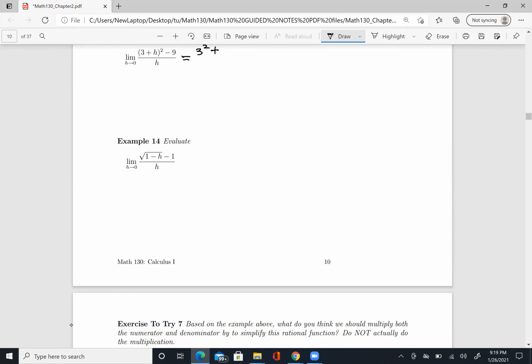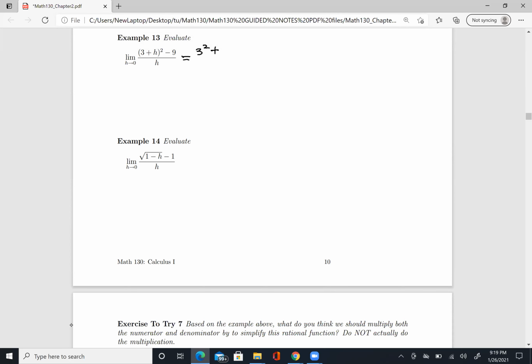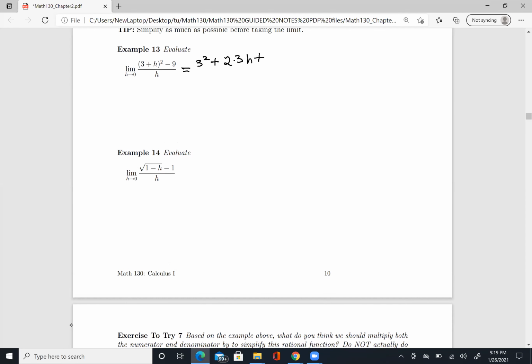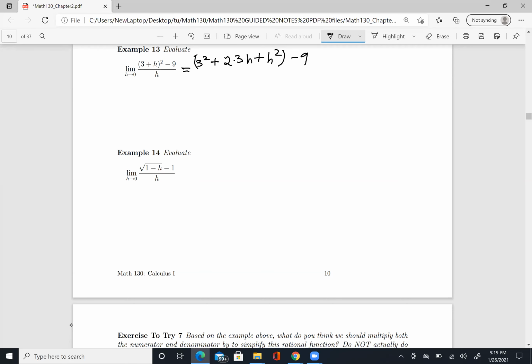You have the perfect square form, 3 squared plus 2 times 3 times h, plus h squared, and then minus 9. So if you forgot this form, you can easily find it by just distribution: 3 plus h times 3 plus h. You will get the same thing as this one. Okay.